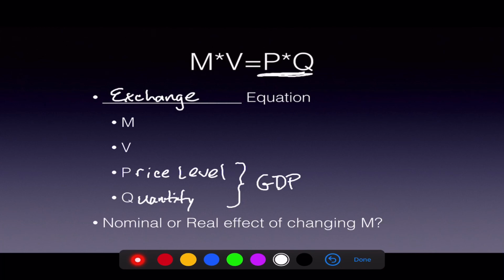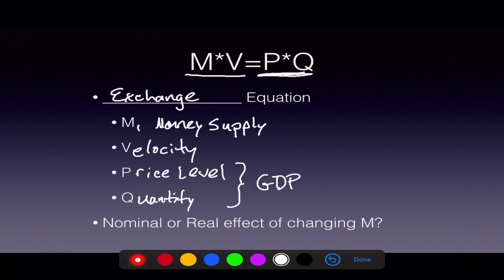Well, let's talk about the other side of the equation now, M times V. M is simply going to be M1. This is our money supply, the amount of money that we have in the system. And V is an interesting concept. V is considered to be the velocity of money, and this is an important vocabulary term.